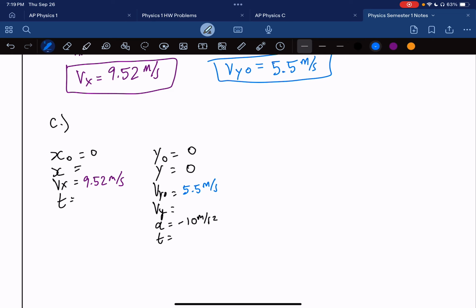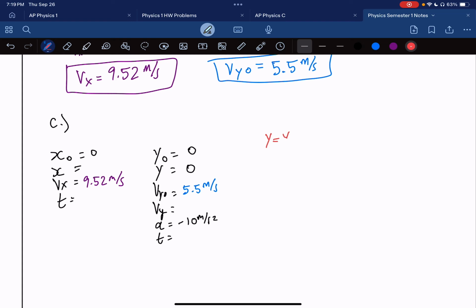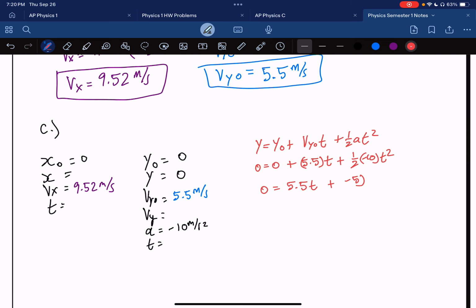Okay, we'll substitute. We don't know t, leave it as t. 0 equals 5.5 t plus 1/2 negative 10 t squared, let's just call this negative 5 t squared. Let's add 5t squared to both sides.